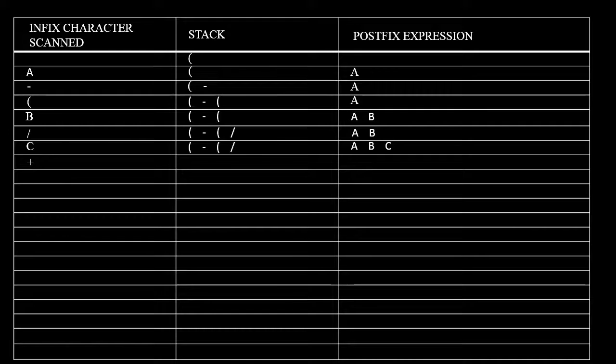Now as plus is encountered, it will be pushed above divide onto the stack. But as divide has a higher precedence than plus, it will be popped from the stack and added to the postfix expression. Same algorithm can be applied to other characters also.